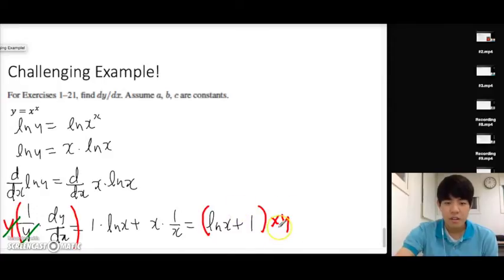And then here will become y times (ln x plus 1), which is y ln x plus y. So we found dy/dx equals y ln x plus y.